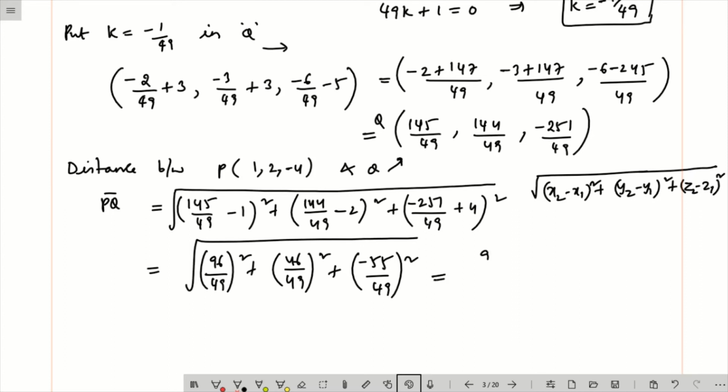So you will be getting (96² + 46² + 55²) divided by 49², where -55 squared and 55 squared are the same.